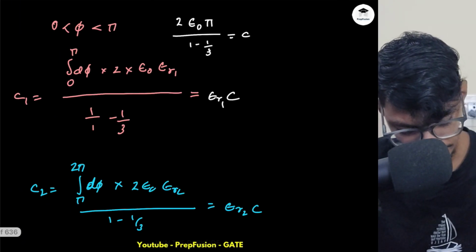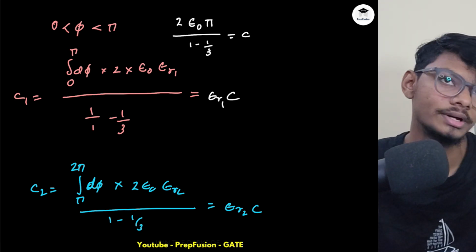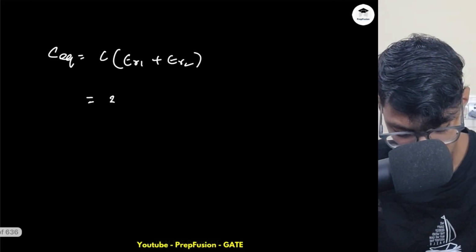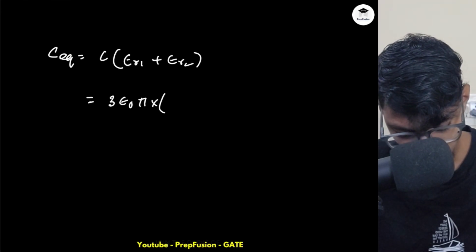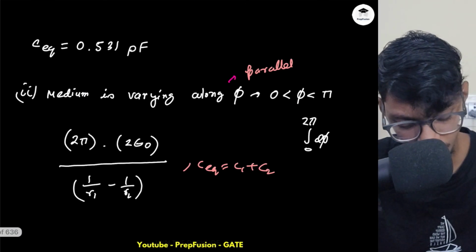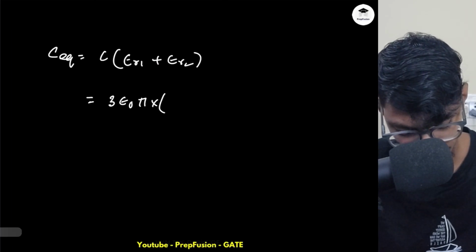So what is C basically? C is this thing. So it will become 2 by 3. So 2 gets cancelled, 3 epsilon naught pi into epsilon r1 plus epsilon r2, which is 2.5 plus 3.5, which is 6 simply.